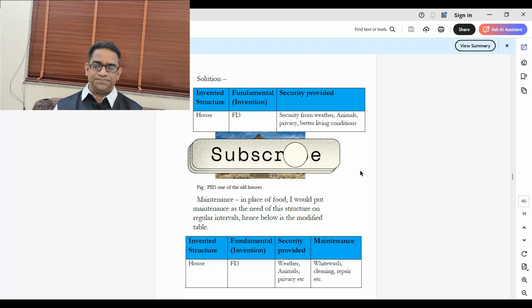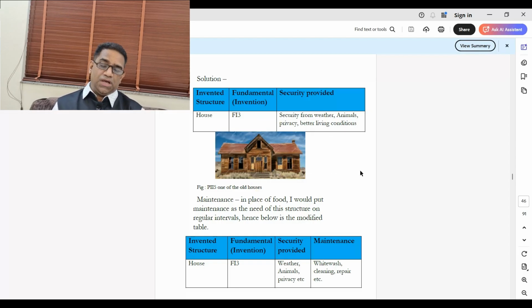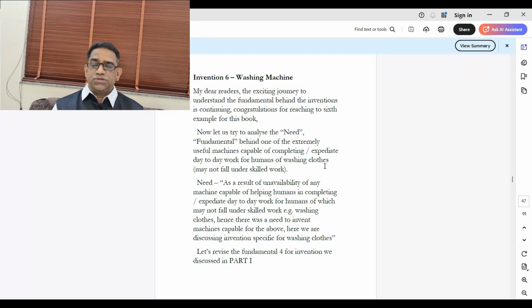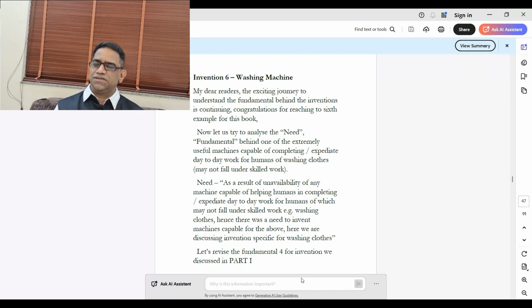Very good. Okay, so now we have reached invention number 6, and that is the washing machine. My dear readers, the exciting journey to understand the fundamental behind the inventions is continuing. Congratulations for reaching the sixth example of this book.